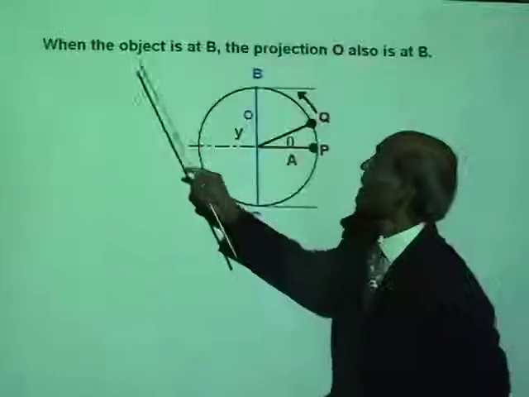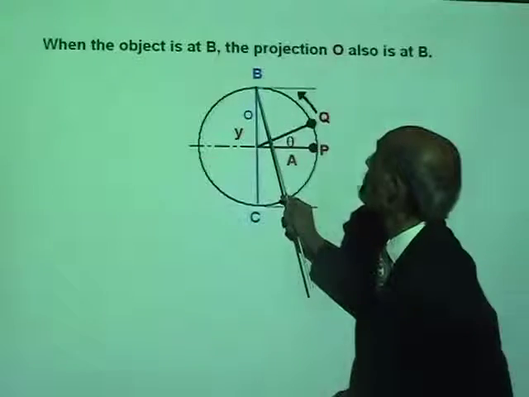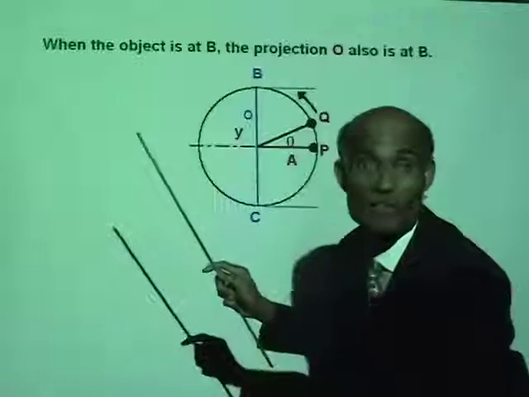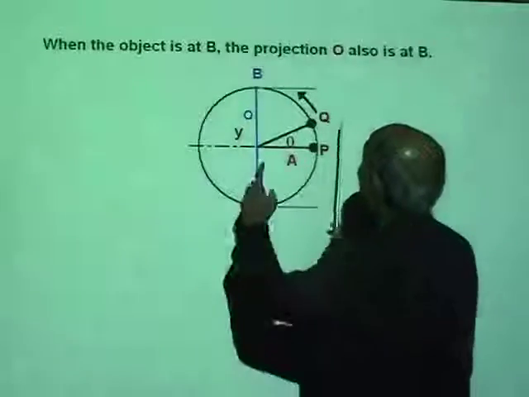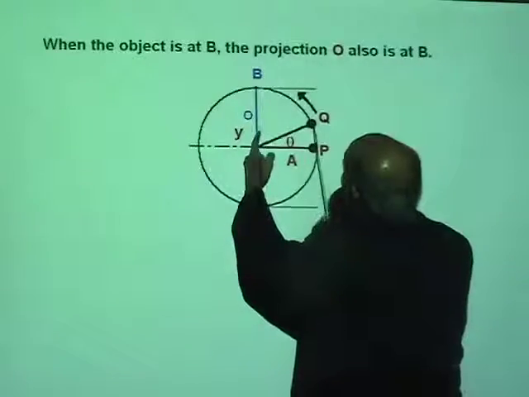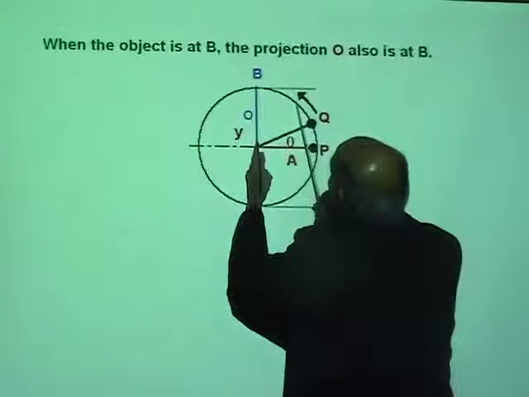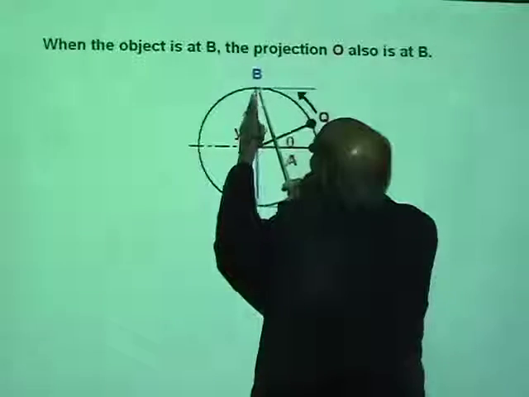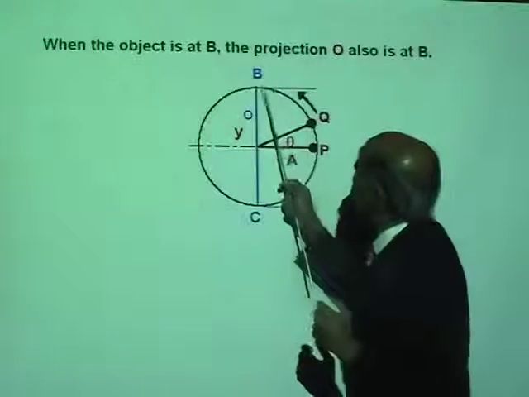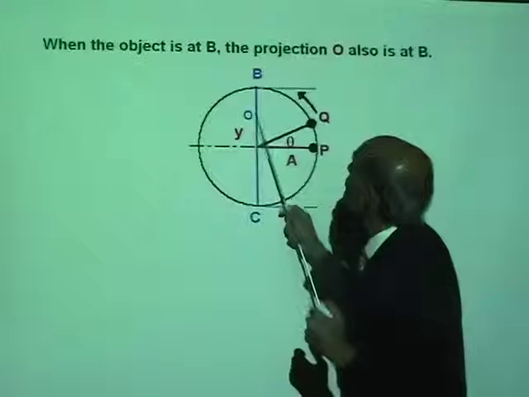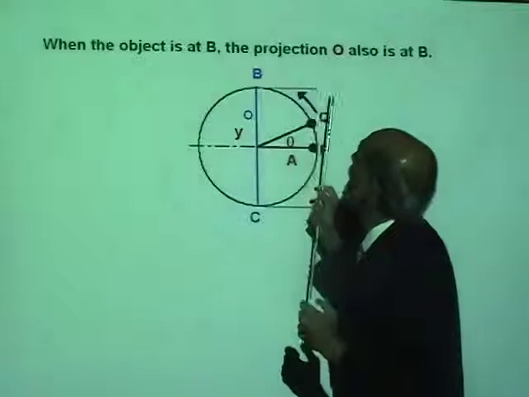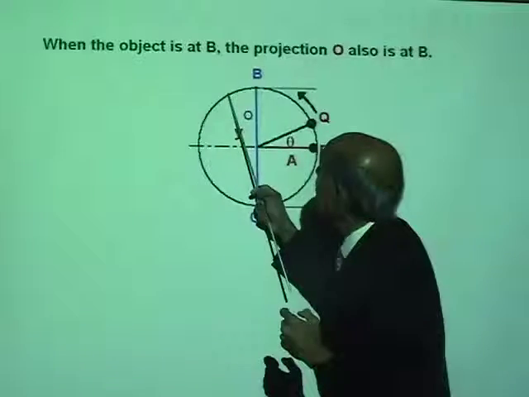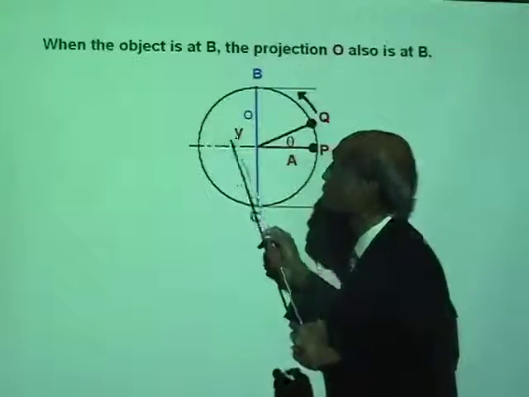Alright. Now, when the object is at B, the projection also will be at B. Is that right? You can see as the object continues to move along the circle, the projection O will go up ultimately. When the object is at B, the projection O will also be at B. And what happens as the object continues to move down the circle?